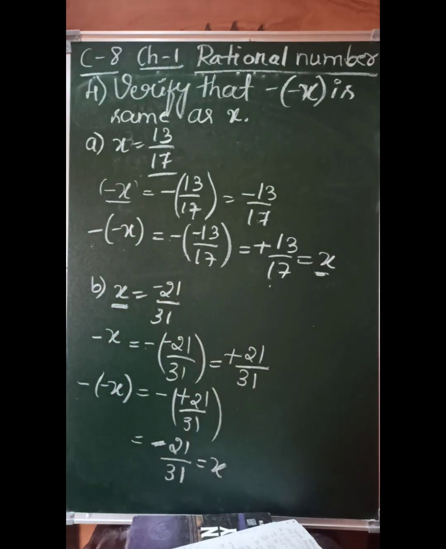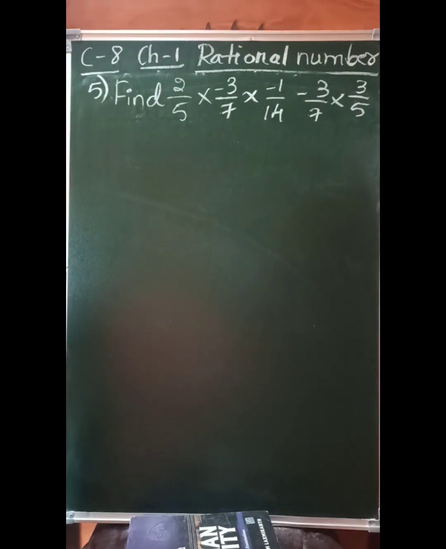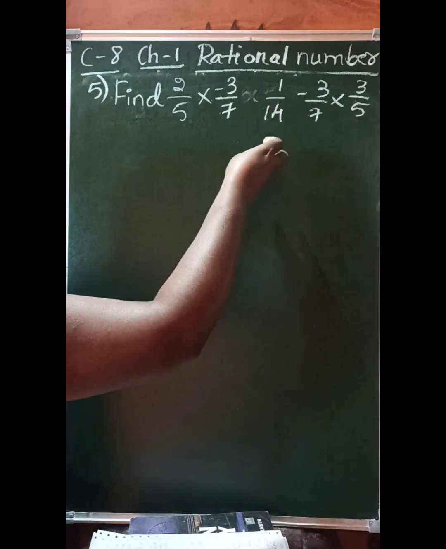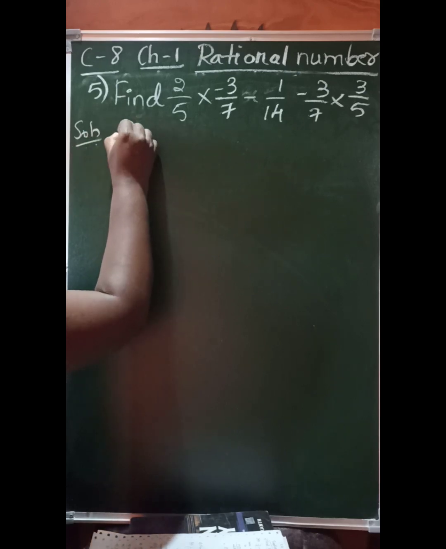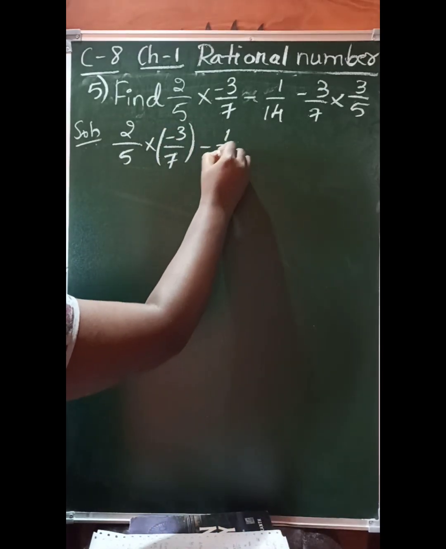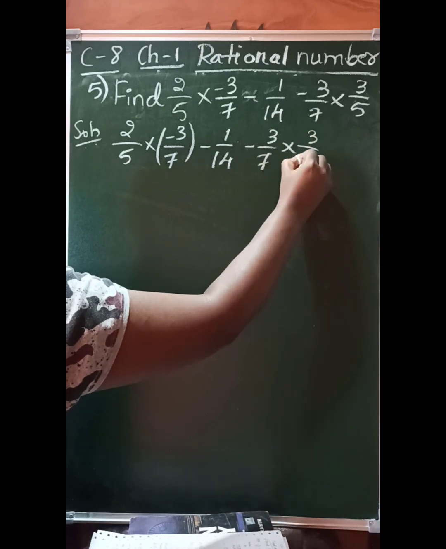Now let's move on to the fifth one. So the fifth example is, find 2 by 5 into minus 3 by 7 minus 1 by 14 minus 3 by 7 into 3 by 5.